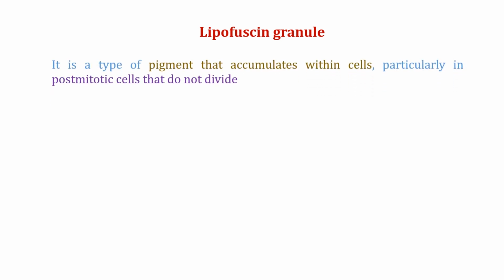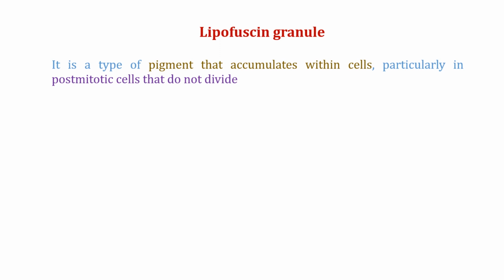Now the lipofuscin granules. Lipofuscin first appears within lysosomes in cells. It is a type of pigment that accumulates within the cell, particularly in post-mitotic cells that do not divide.